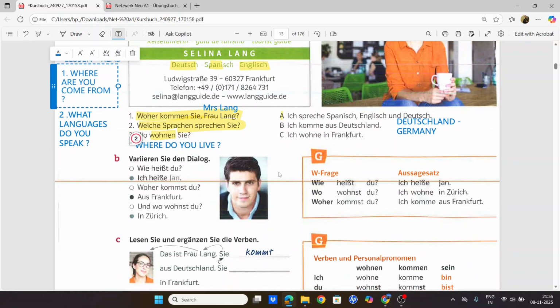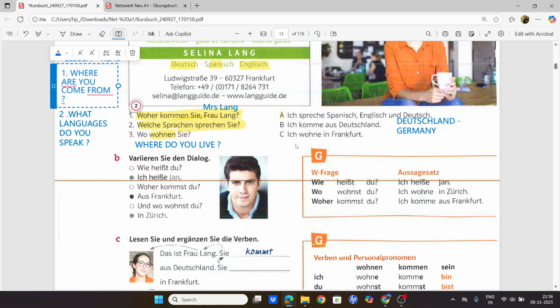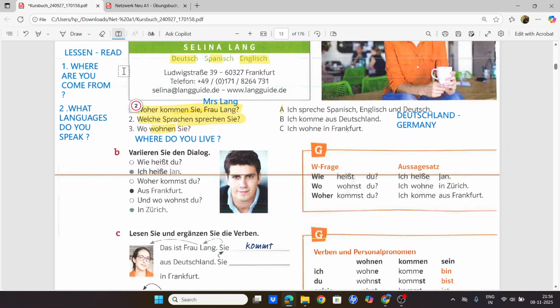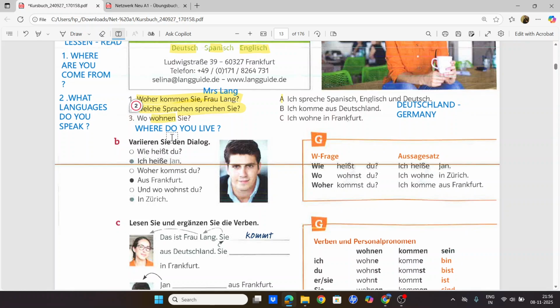For what languages do you speak, you can just replace it here with the answers. Just to give you an example, I will answer these questions in my way.